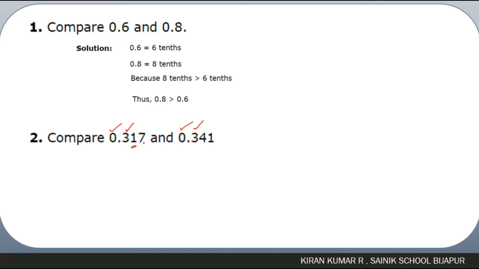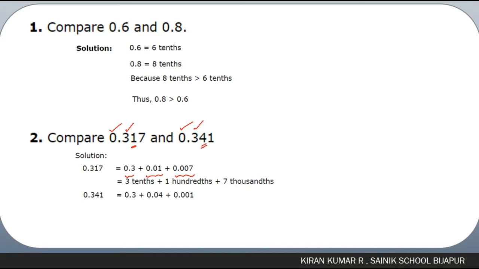We have to look at the hundredths place. 0.317 can be written as 0.3 added to 0.01 added to 0.007, which is nothing but 3 tenths, 1 hundredth, 7 thousandths. In the same way, we can write 0.341 as 3 tenths, 4 hundredths and 1 thousandth.